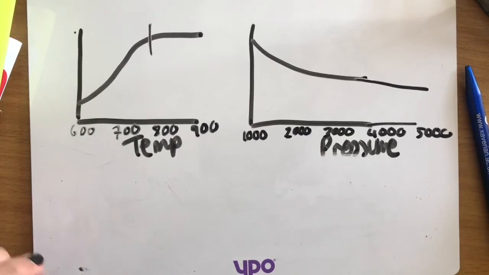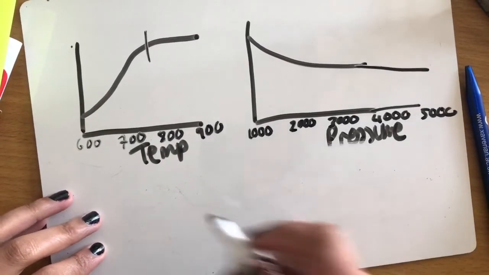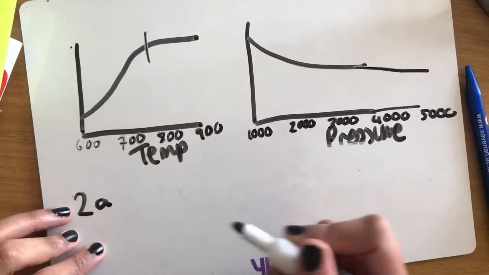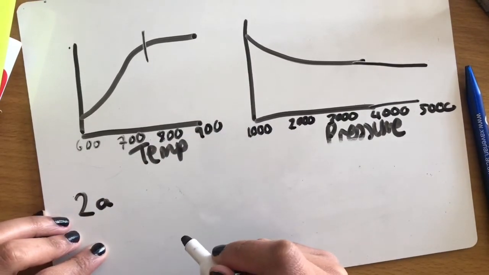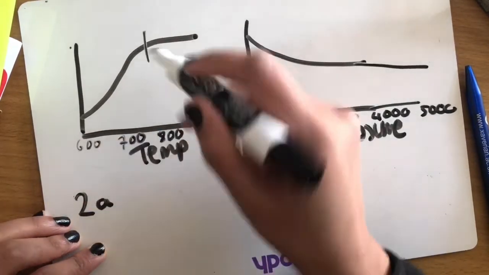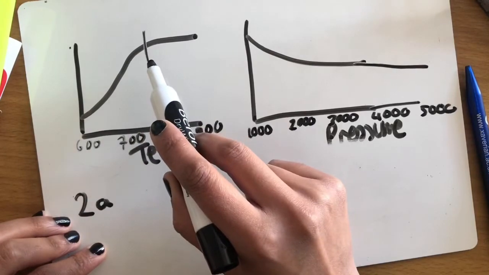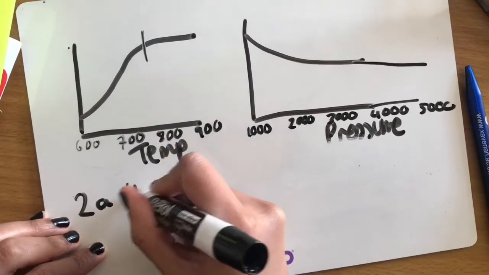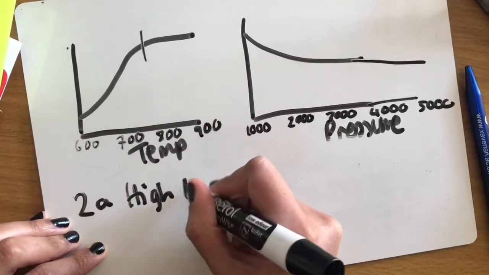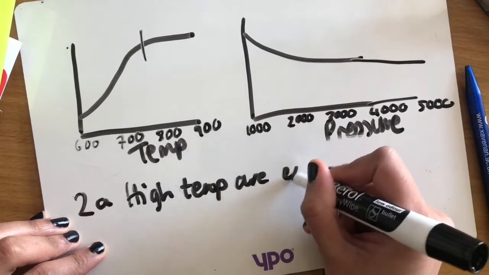Okay. Stage 2 then is how you actually decided what your optimum temperature was. So for 2A, you need to state that it's how we come to a compromise. So even though high temperatures are increasing the yield of the reaction, high temperatures are expensive.